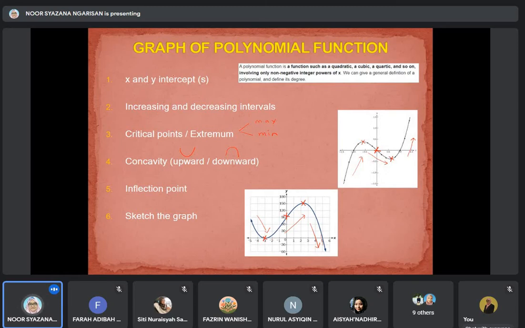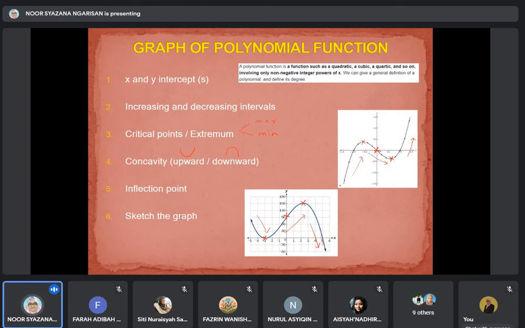How to find x and y intercept, how to find increasing and decreasing interval, how to find critical points or extremum, how to find concavity either upward or downward, how to find inflection point, so that finally we can sketch the graph. So itu macam kita punya matlamat lah, macam ni kita nak sketch graph of polynomial function.